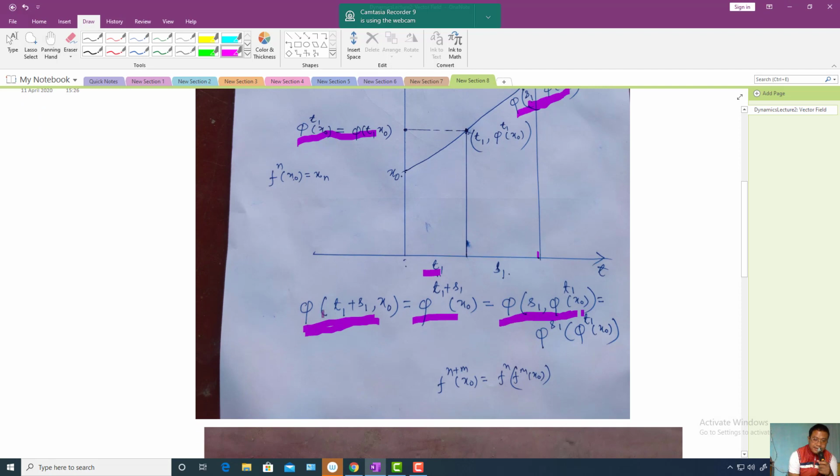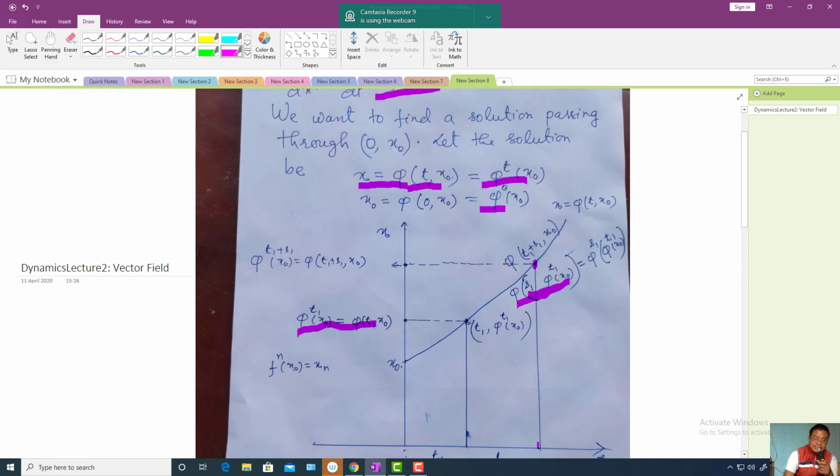So such a function phi, we call it flows or a dynamical system. Some authors will use flows instead of dynamical system, okay. This function satisfies this rule. One more thing is the identity function. When you are talking about the initial position x naught at time 0, you put 0 here, then you will get the initial position, okay.